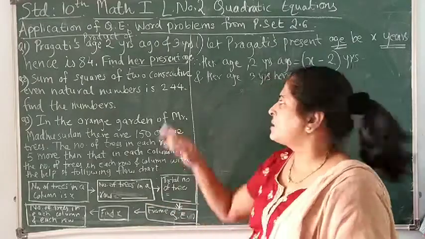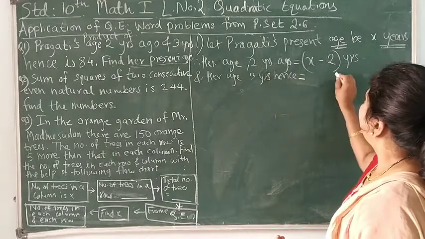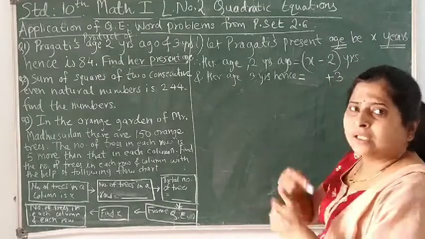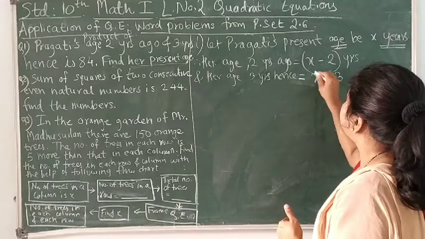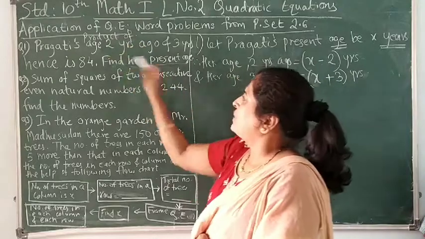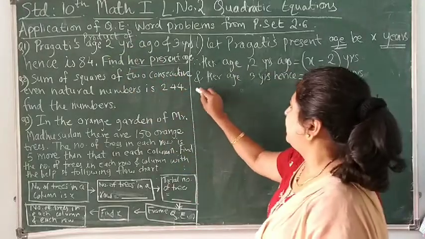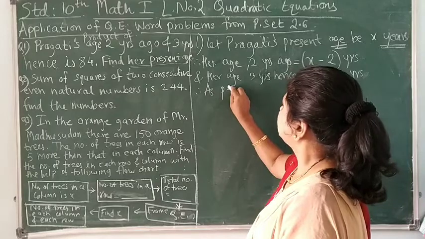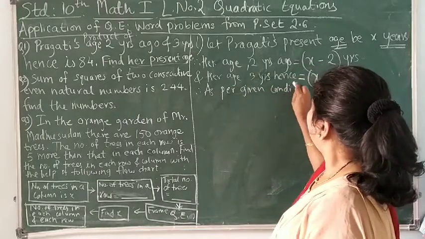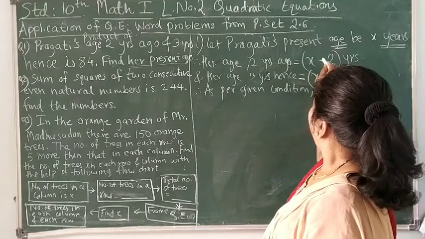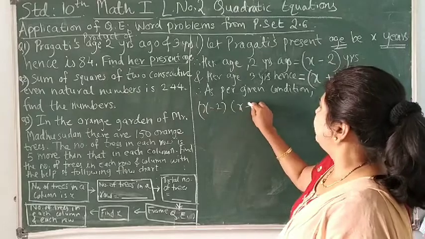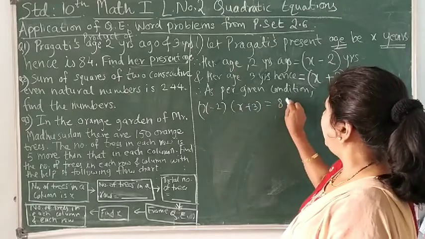So we have to add this 3 to Pragati's present age, in this case x plus 3 years. And the information is that the product of these two is 84. Therefore, as per the given condition, the product of these two, that is x minus 2 into x plus 3, is equal to 84.